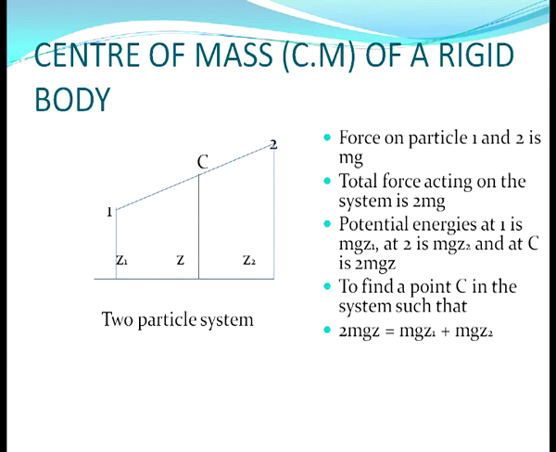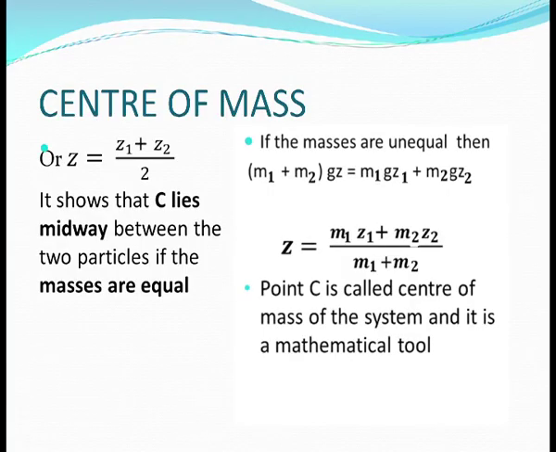We want to find a point C in the system such that 2mgz is equal to mgz1 plus mgz2. This means that for the center of mass we have z equal to (z1 plus z2) upon 2. It shows that C lies midway between the two particles if the masses are equal. Let us see what happens when the masses are unequal.